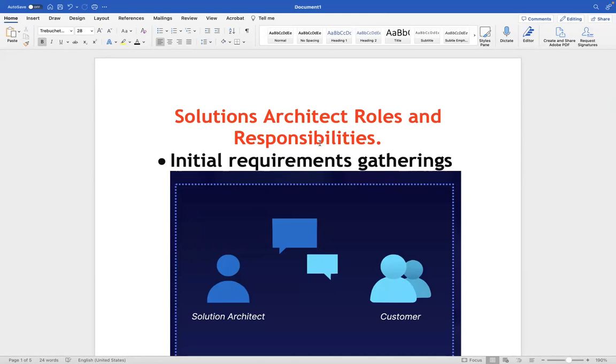Now, it isn't the sort of stuff that you're really going to be tested on, but hopefully this is useful information that will help you out if you are planning on becoming or working in the Azure solution architect world.